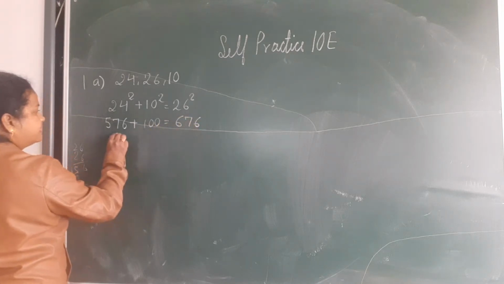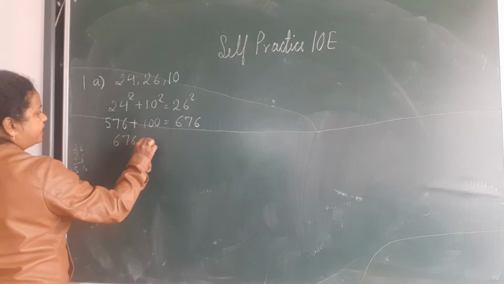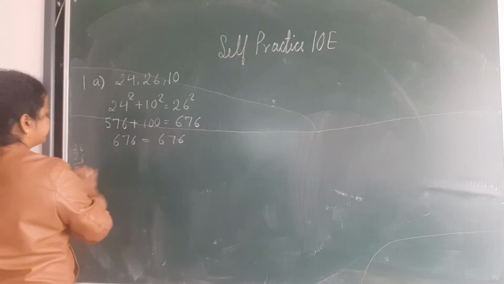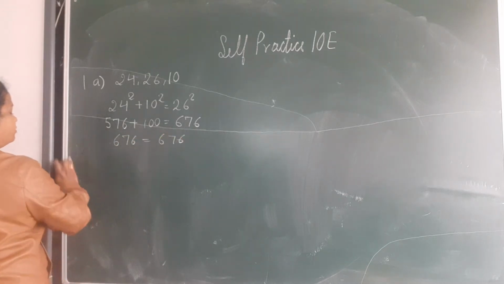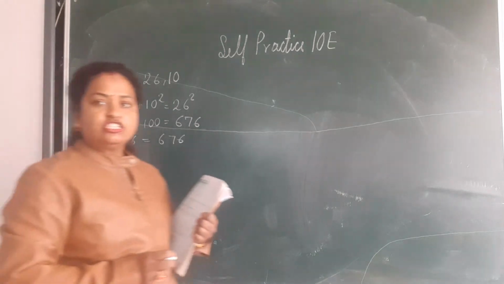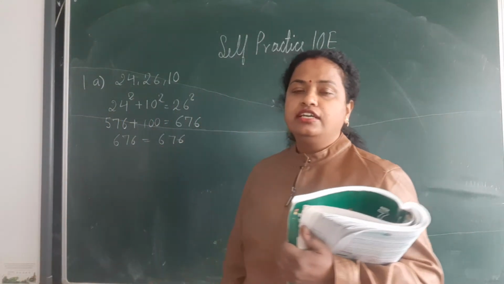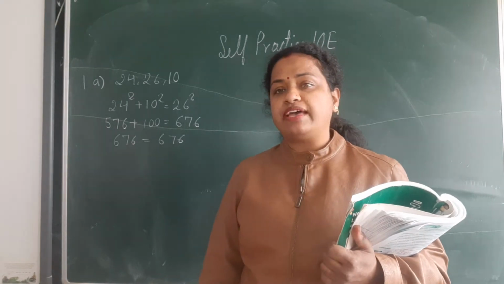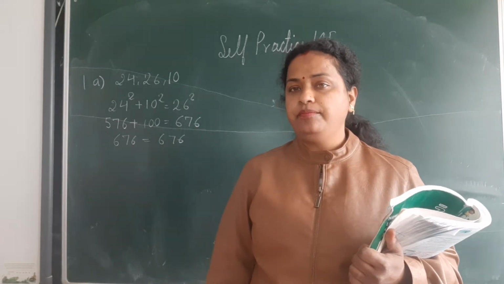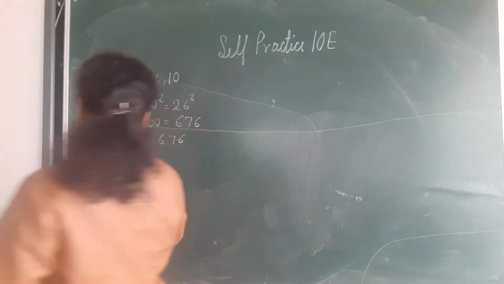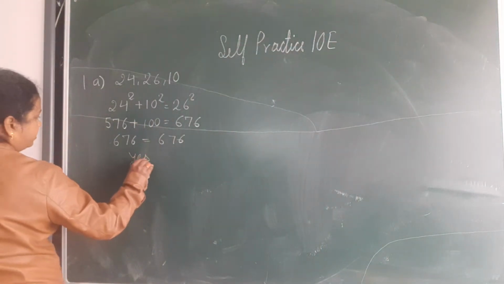So you will see that this is 676 and that is also 676, meaning both are equal to each other. It means it follows the Pythagorean triplet.